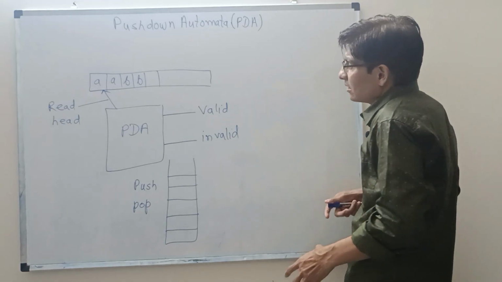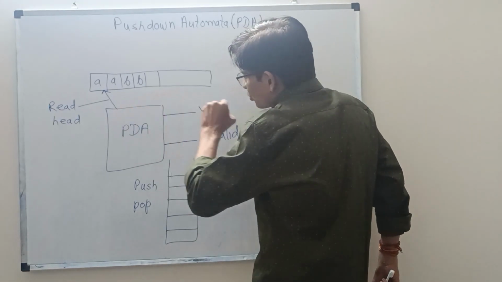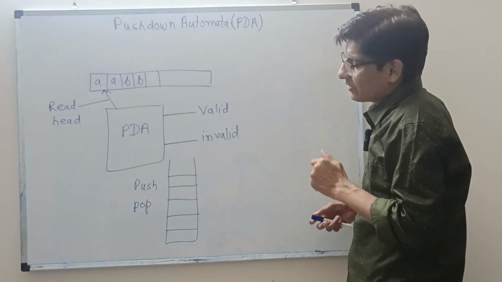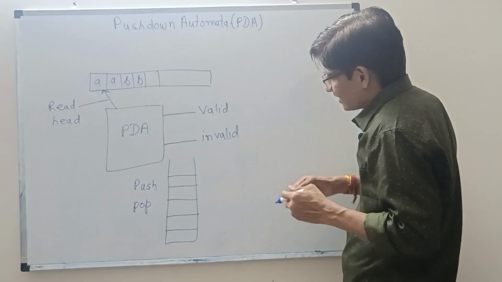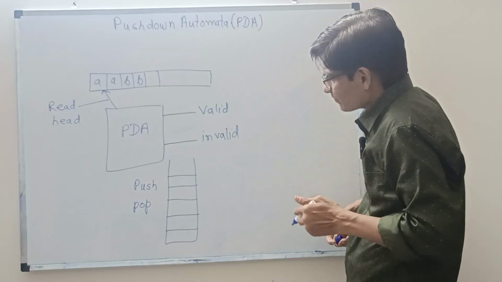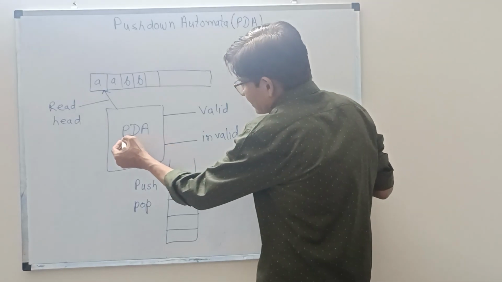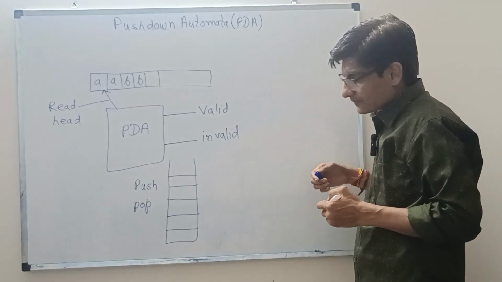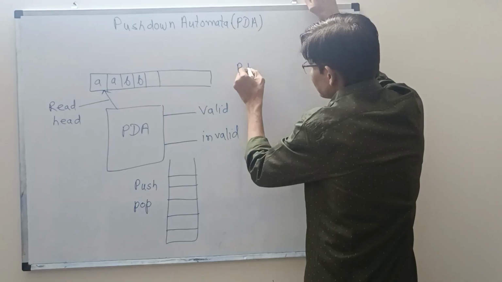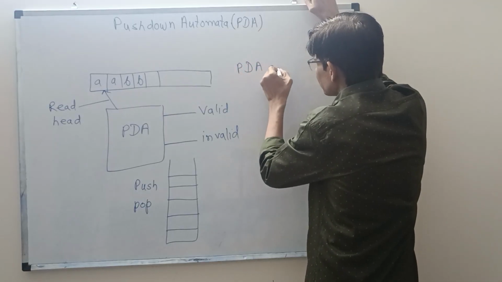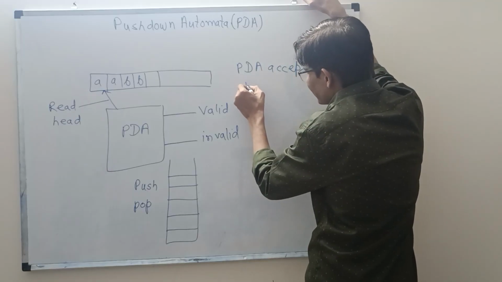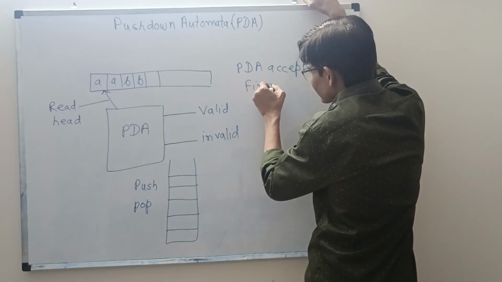So here it is just like finite automata. It provides the valid string or invalid string result. Now, PDA can accept strings in two different ways, so based on that, PDAs are of two types. First is PDA accepting strings by reaching final state.